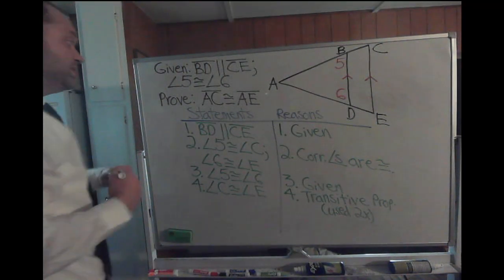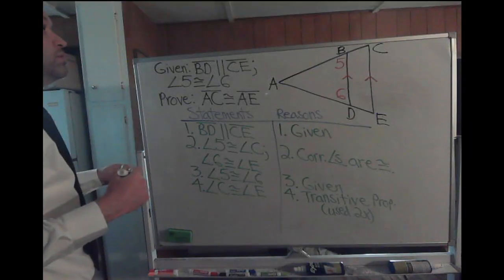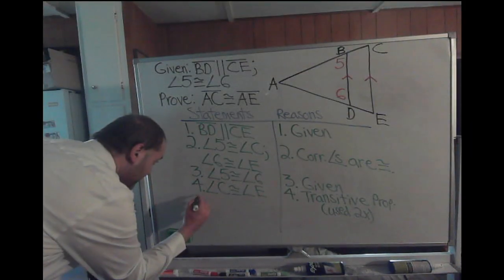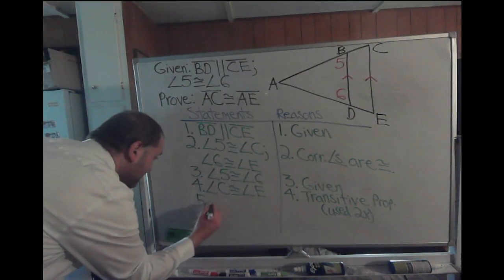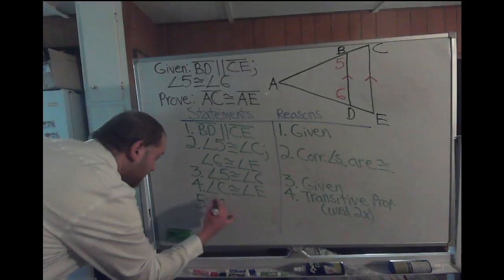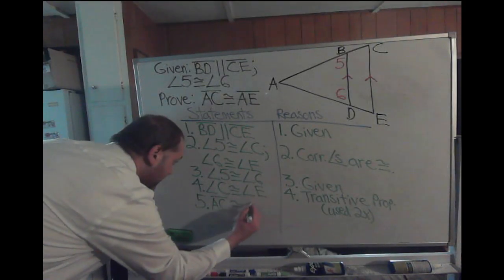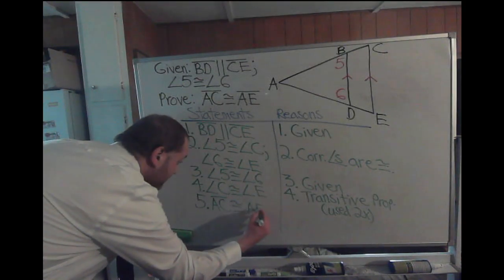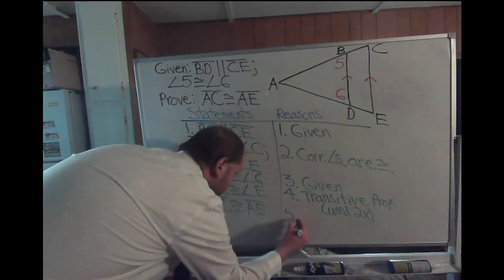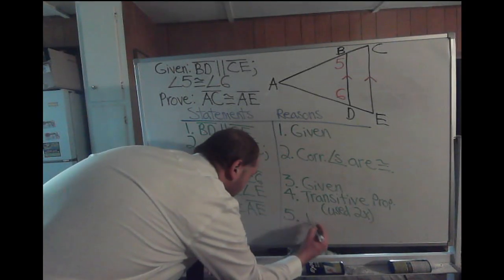So by the isosceles triangle theorem, we can now say that AC is congruent to side AE.